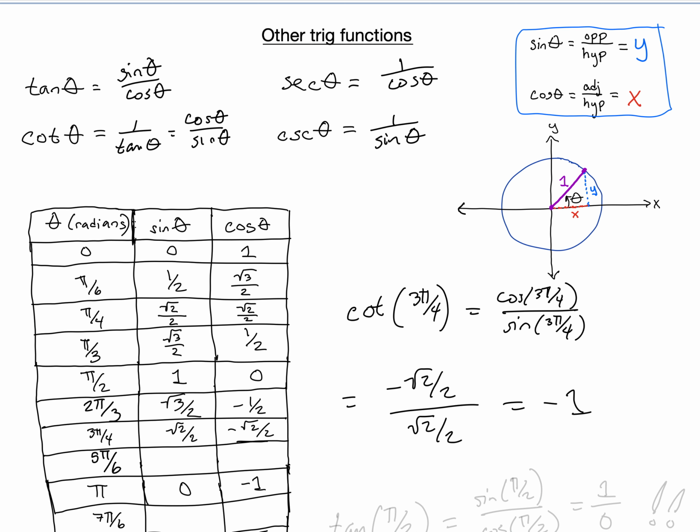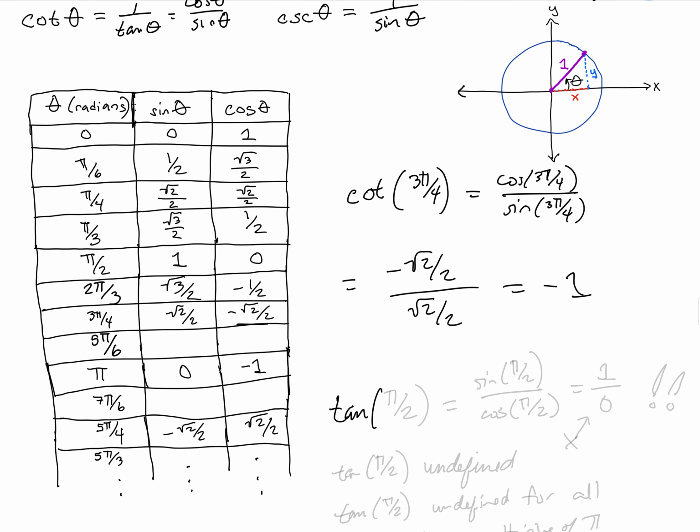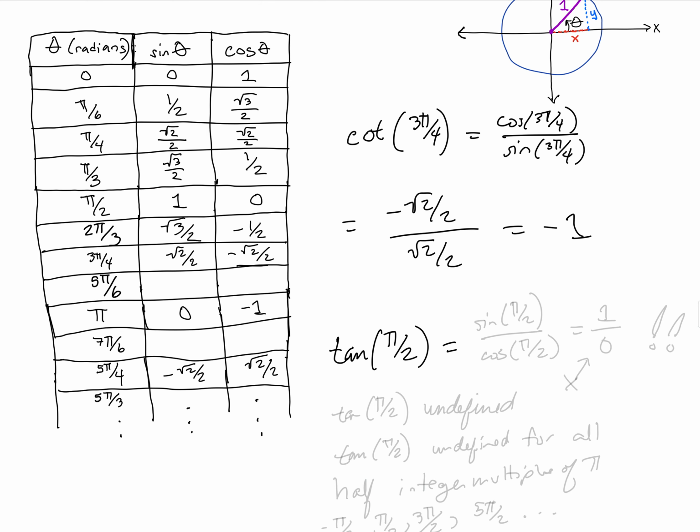Let's do one more. Let's do tangent of, say, pi over 2. Tangent of pi over 2, that's sine of pi over 2 divided by cosine of pi over 2. And so that would be 1 divided by 0. And that's the problem. We can't divide by 0.